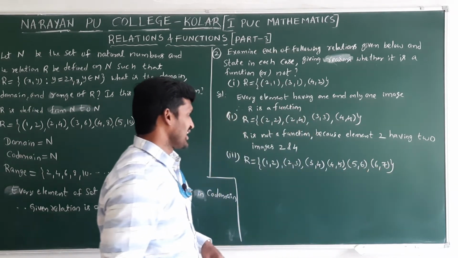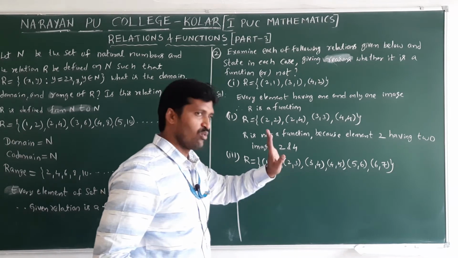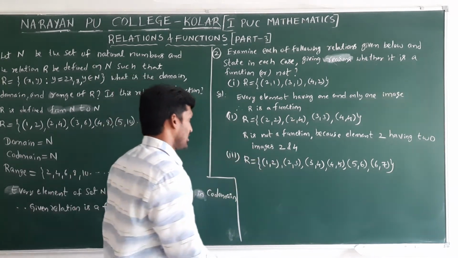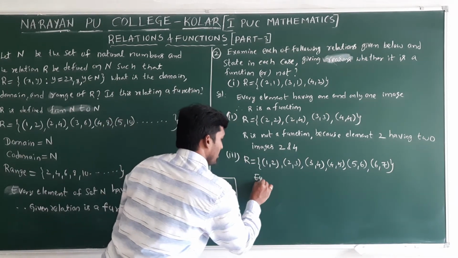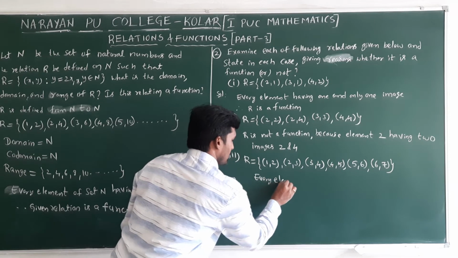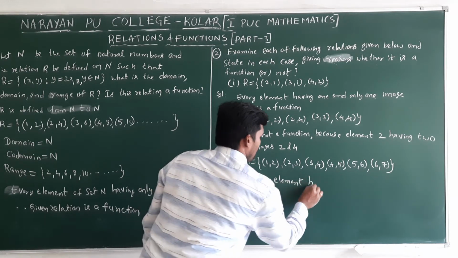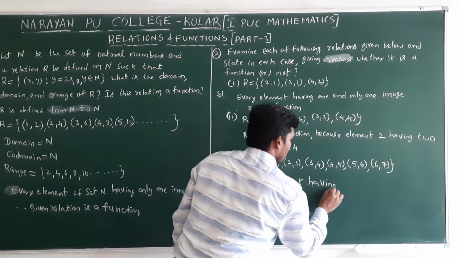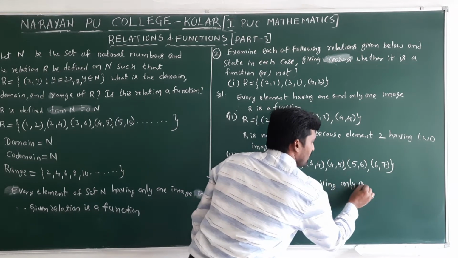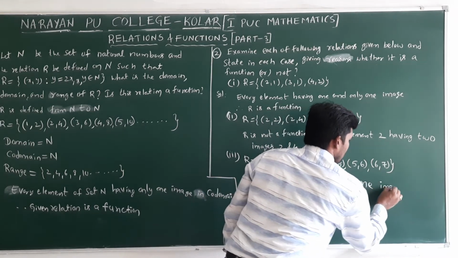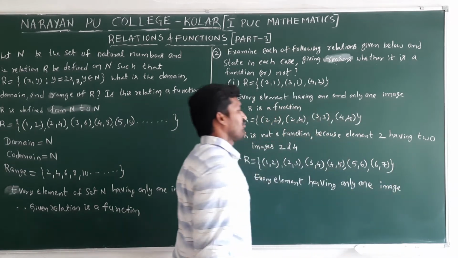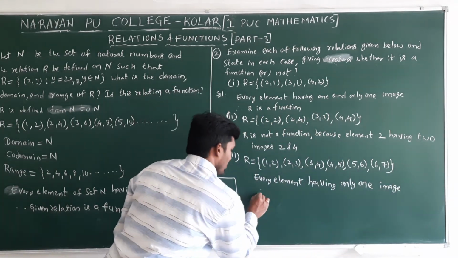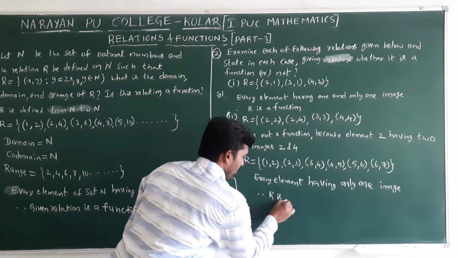You observe here, each element has only one image. That's why clearly every element has only one image. That's why this satisfies the function definition. Therefore, R is a function.